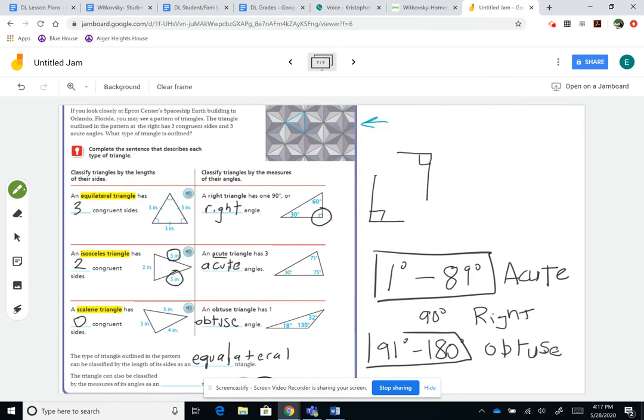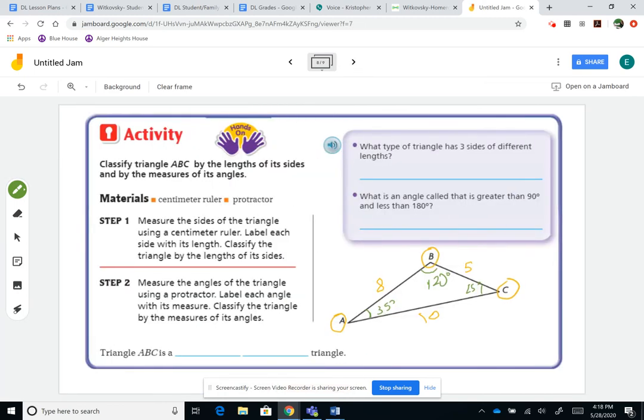So if we come back to here, which one is it? It is a scalene triangle. Notice how each side is different and each angle is different. So we can come back here and we can write, it is a scalene.